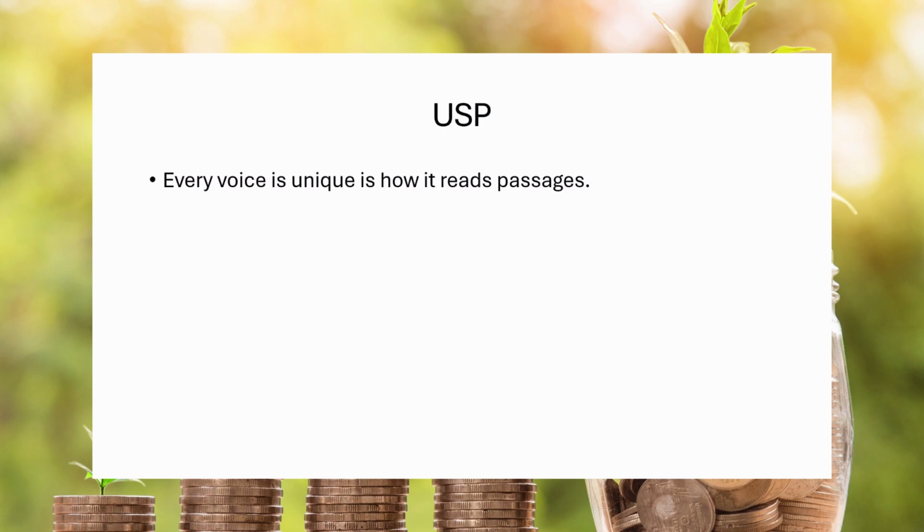If you put a female voice there, it's going to read it a certain way. And sometimes it'll read it differently the first time than it does the second time. So you're going to have to be aware of what voice you use. And what you really want to do with your customers is make sure that you're giving them a unique voice. And that's one of the ways in which you can deliver USP.